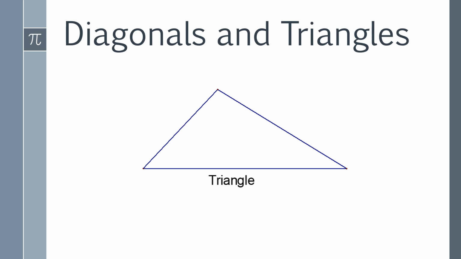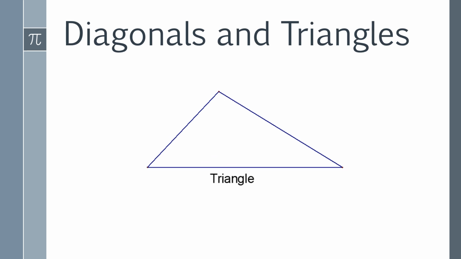Okay, so you'll see here we have a triangle, and there are no diagonals in triangles because every vertex is consecutive to every other vertex. So that doesn't work there. So let's keep in mind, though, that the sum of the angles of a triangle always add up to 180. Keep that in mind as we continue working through some more polygons.